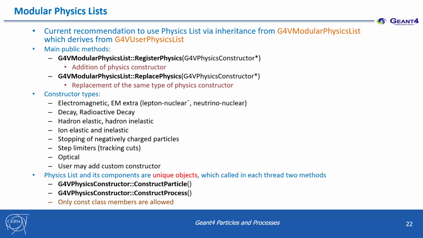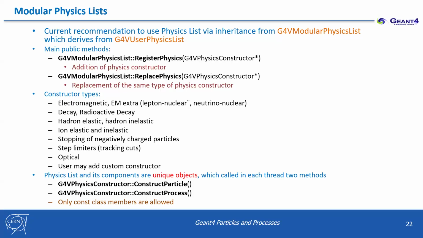There are separate hadron elastic, hadron inelastic, ion elastic, ion inelastic, and stopping of negatively charged particles. It is possible to add step limiters and tracking cuts on top of everything. There is optical physics, which is orthogonal to any physics described above. And the user may add a custom constructor.